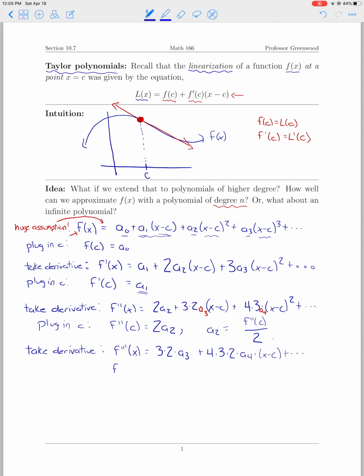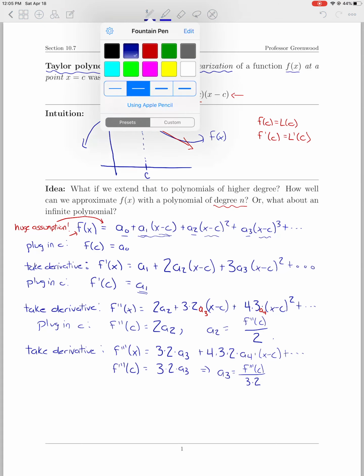And so at this point, if I plug in c into f triple prime, then I'm just going to get 3 times 2 times a3, because again, all of the other terms disappear. And so that implies that a3 is going to be equal to f triple prime of c divided by 3 times 2. Okay, so maybe at this point the pattern is sort of clear.